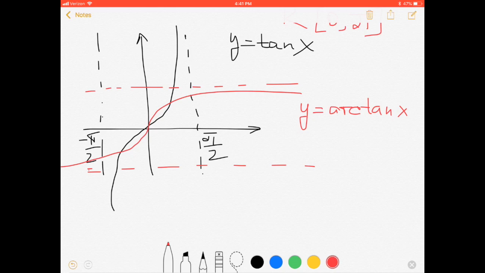No, I'm sorry. And the domain of the inverse function will be from negative infinity to infinity. Range will be from negative pi over 2, open interval, to pi over 2.